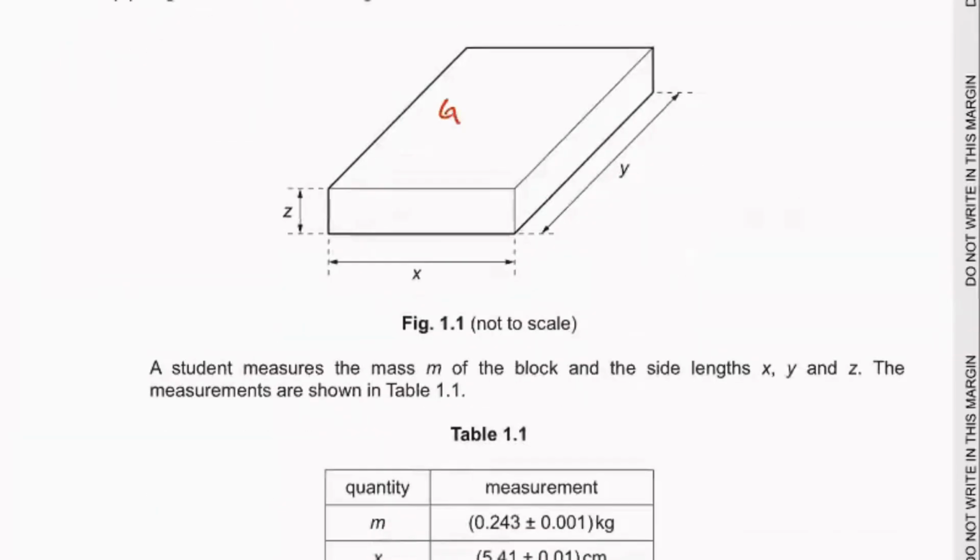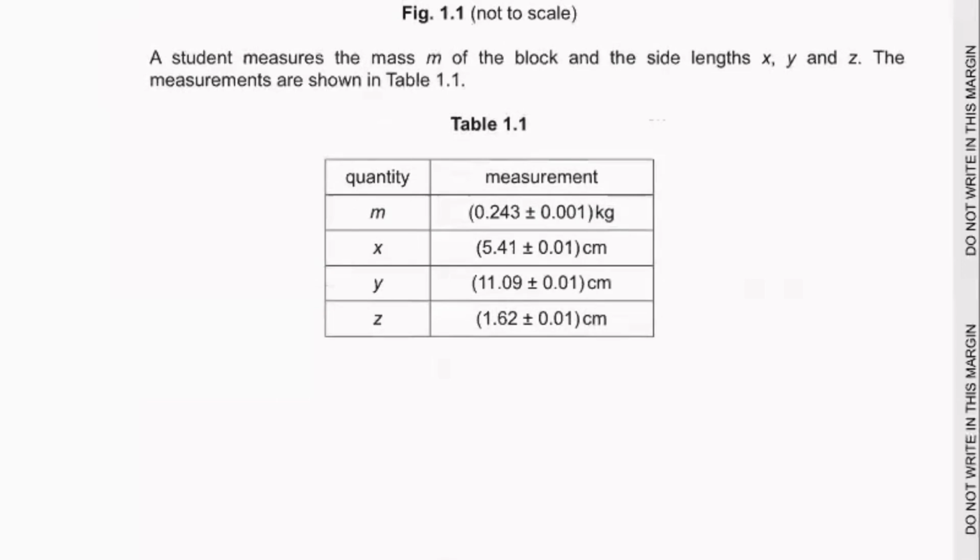This is a cuboidal glass block. Let's see what the question demands with this block. A student measures the mass m of the block and the side lengths x, y, and z. The measurements are shown in table 1.1. The table has two portions.